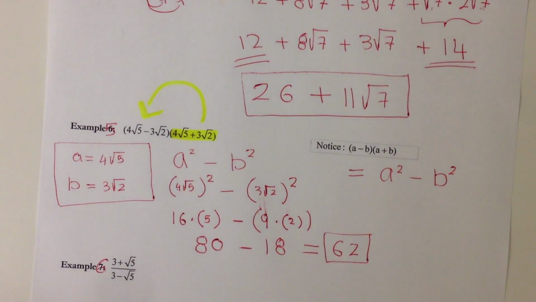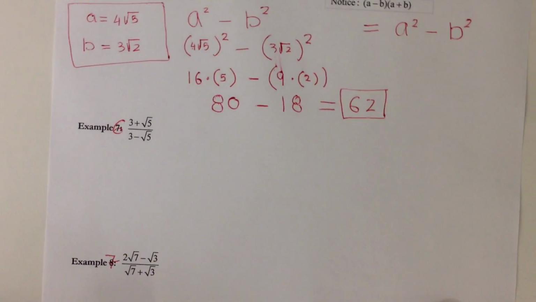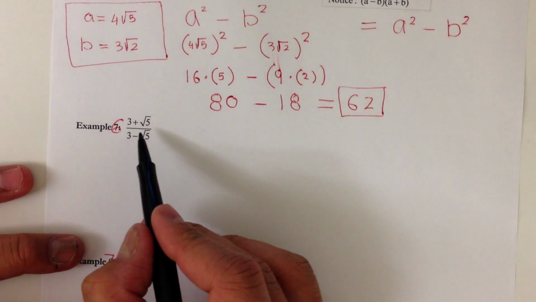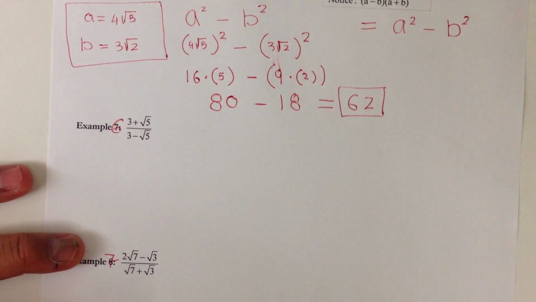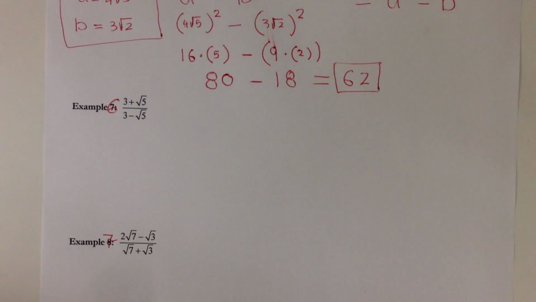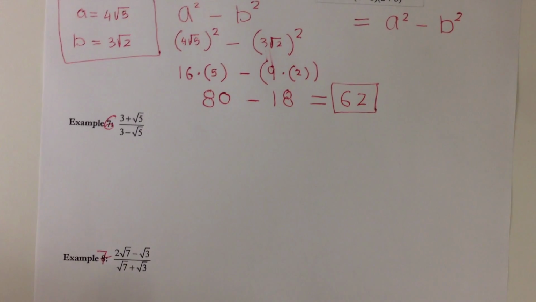That's going to help us with examples 7 and 8, because in those our goal is to rationalize the denominator, to divide these binomials without leaving any radical in the denominator.